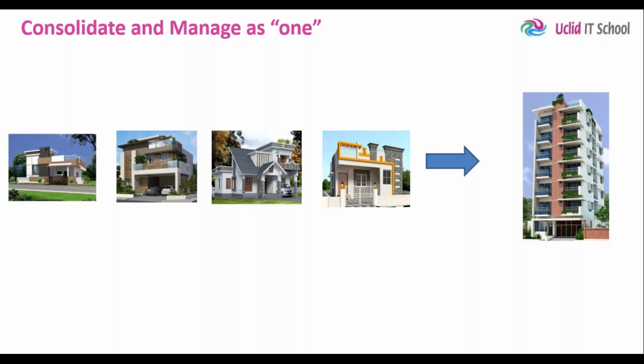So that way, when you consolidate, a few things can be common, shared among all the consolidated databases. A few things are separate, individual. Suppose in an apartment, the electricity connection. Every house has an individual connection. Based on your consumption, you pay the bill. So that way, when you consolidate, there are a few common, there are a few separate things.